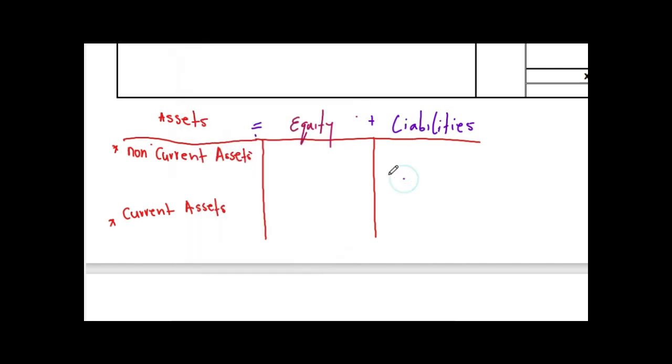Under liabilities, we also have two types of liabilities.